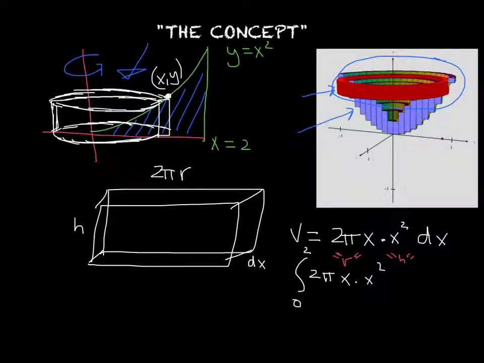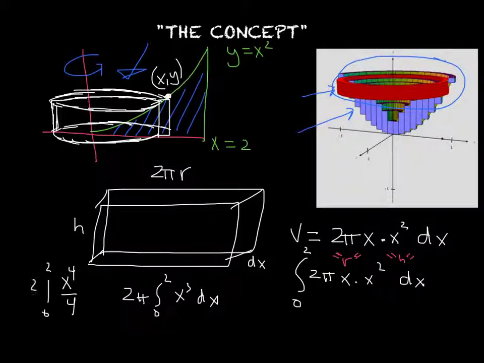And this is your thickness, dx. All right? So you can take the 2 pi out front, and you get 2 pi integral from 0 to 2 of x cubed dx. And that's just simply going to be x to the 4th over 4, from 2 to 0, with a 2 pi out front.